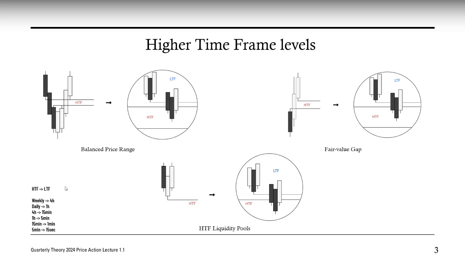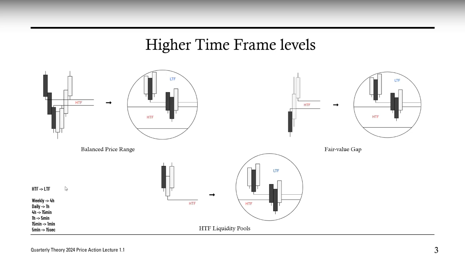When price breaches a lower time frame low and then breaches the higher time frame low, then that's when you will find a setup, right? So in bullish markets, you need a lower time frame low to be breached before reacting to your higher time frame liquidity pools.